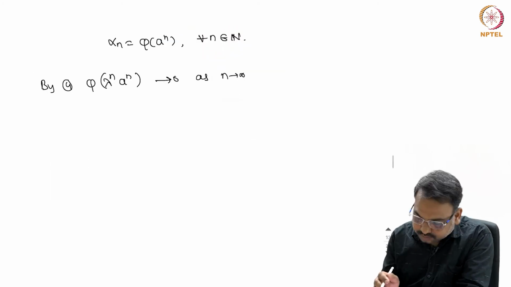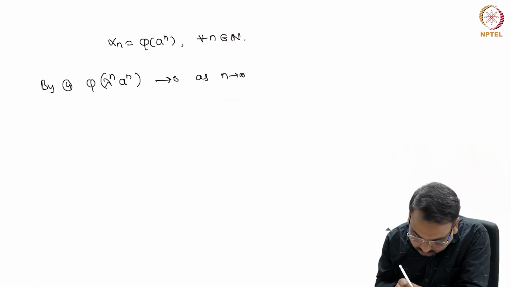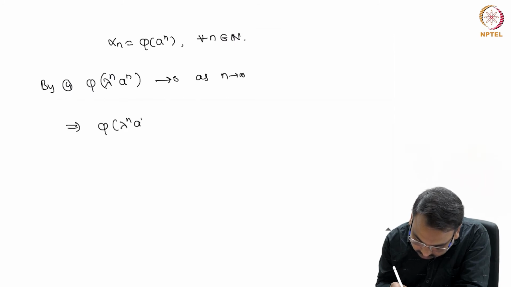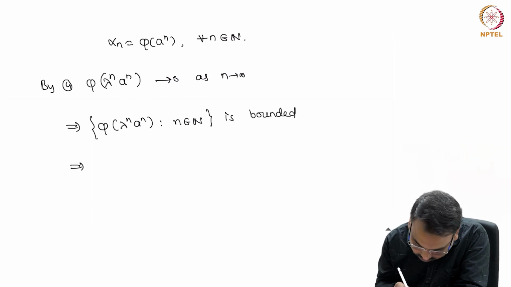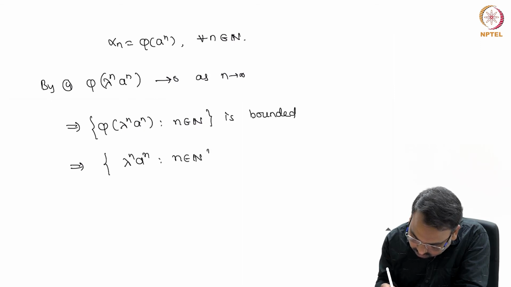That means from this we can conclude that phi of lambda n A n is bounded. So this implies lambda n A n is bounded, by the earlier lemma.